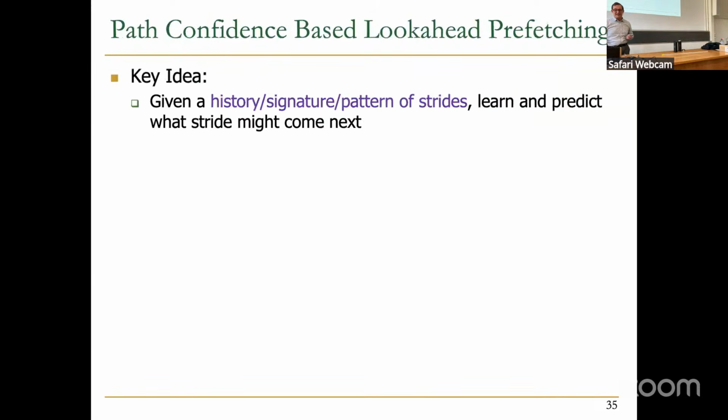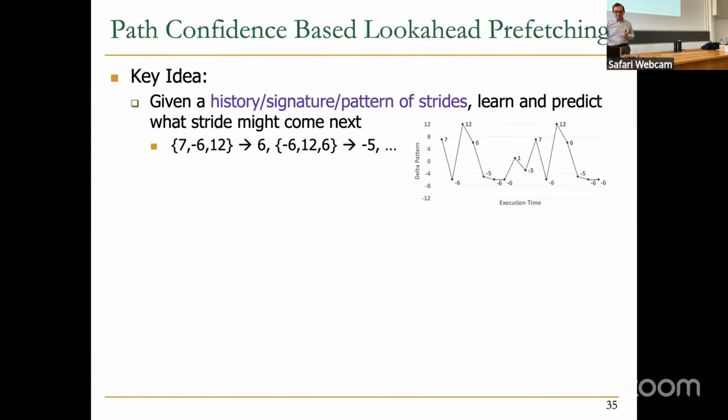The key idea is, given a history, signature, or pattern of strides, learn and predict what stride might come next. You can think of this as a key-value pair. The key is the previous strides that you've seen, and the value is the next stride that you expect to see. The key can be these 3 things that you have seen: 7, -6, 12, and you hash them in some way.